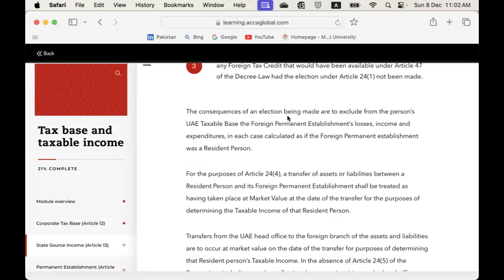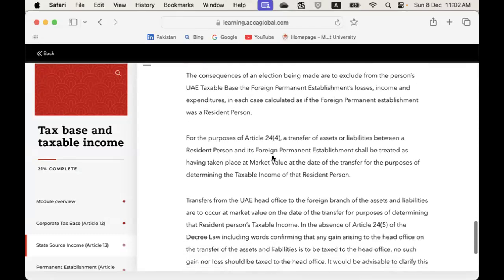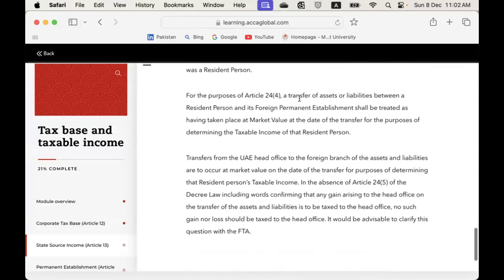The consequences of an election being made are to exclude from the taxable base the foreign permanent establishment's loss, income, expenditure, everything basically. For the purpose of Article 24(4), transfer of assets or liabilities between a resident person and a foreign permanent establishment shall be treated as having taken place at market value.